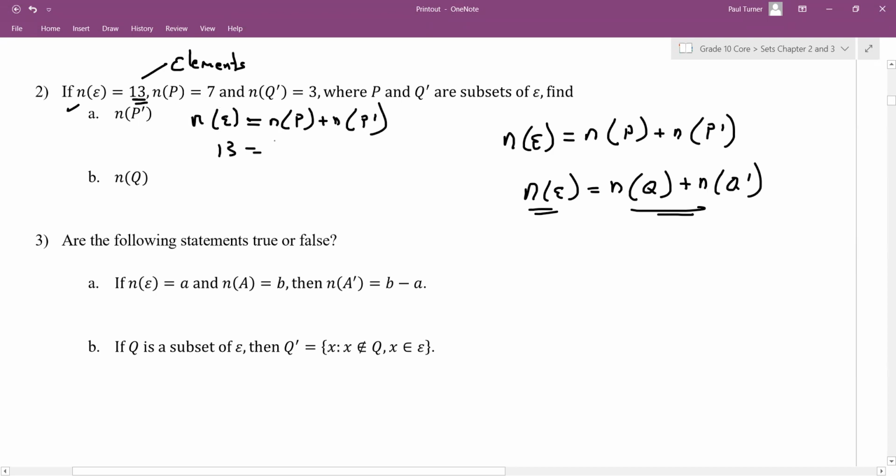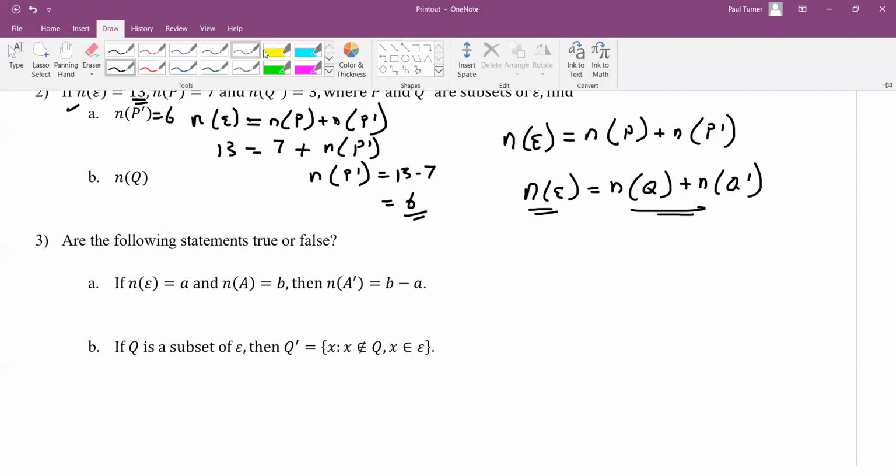The number in P is 7 plus the number not in P. So how many are not in P? Isn't that 13 minus 7? 7 plus 6. So that should be equal to 6. There, that's the answer for that one.